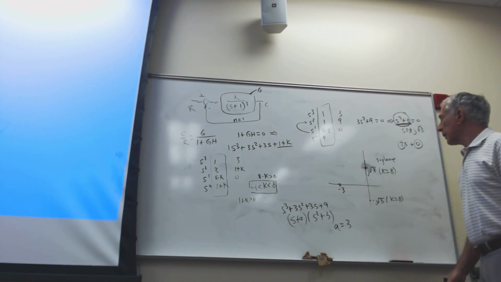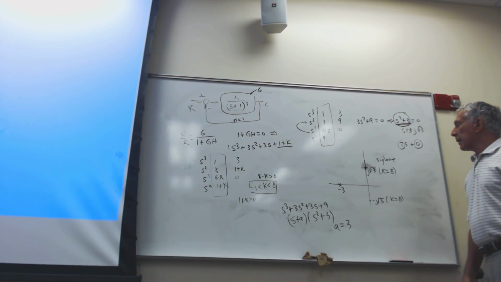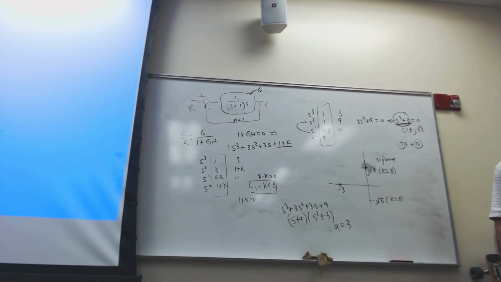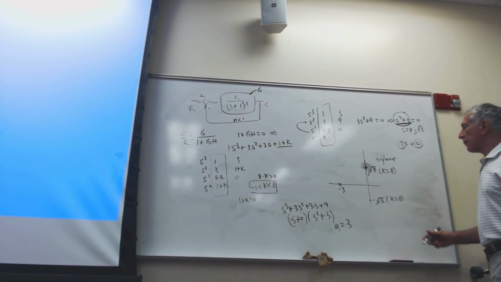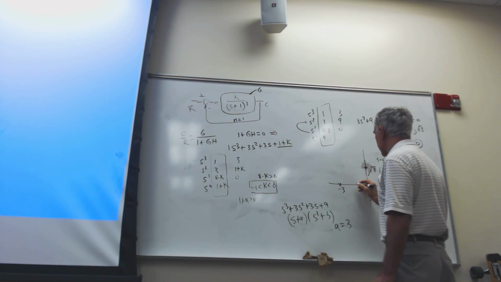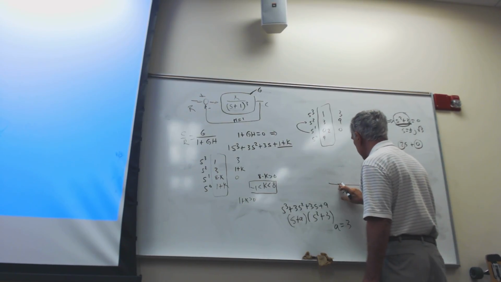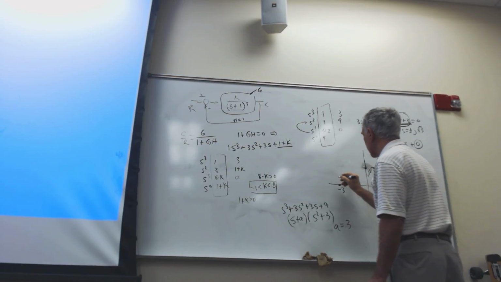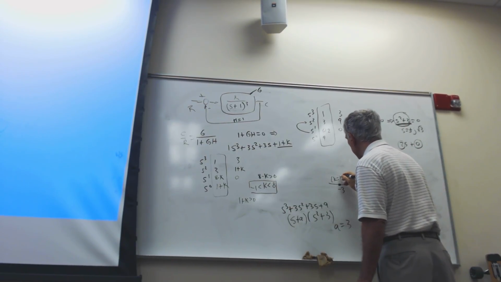Okay. Any questions about this now? Okay. And then also notice that, no, I don't want to put an X there. I just want to put a dot. This is for k equal to 8.